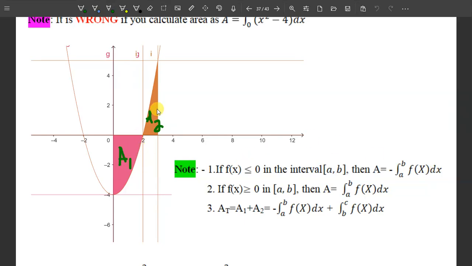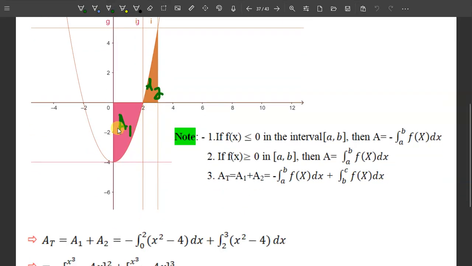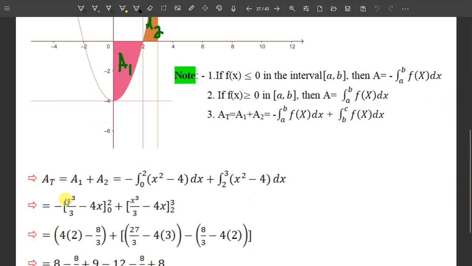Therefore, the total area of the region enclosed between the x-axis, the y-axis, and the function in the interval from 0 up to 3 is the sum of the two areas, A1 and A2. A total is equal to A1 plus A2, but A1 is below the x-axis, so we have to multiply by minus here.